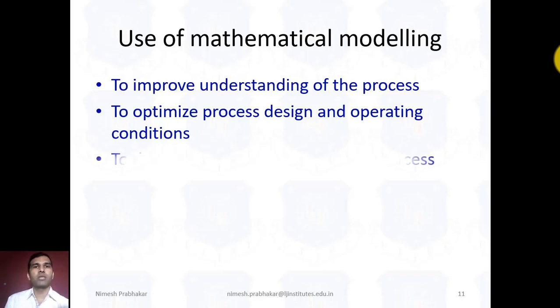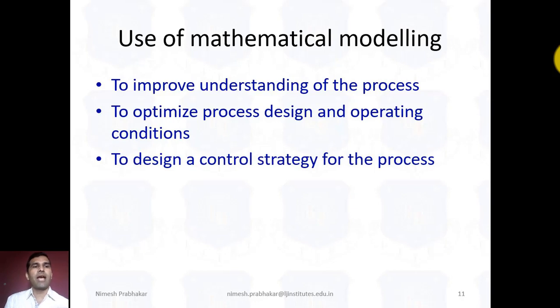So this is the second use of this model. Then the third use is to design a control strategy for the process. Alternative control strategies, like model based and model predictive control, can be evaluated to select the best process model. So this is the third, and the fourth use is to train operating personnel.